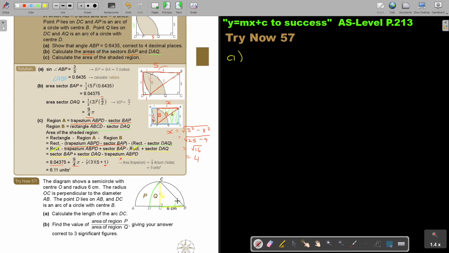So I can find this angle, because now it's going to be an isosceles triangle. So if this is 90 degrees, this is going to be 45, but in terms of radians, it's going to be pi over 4.